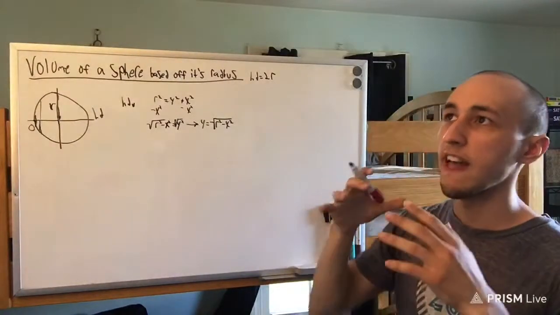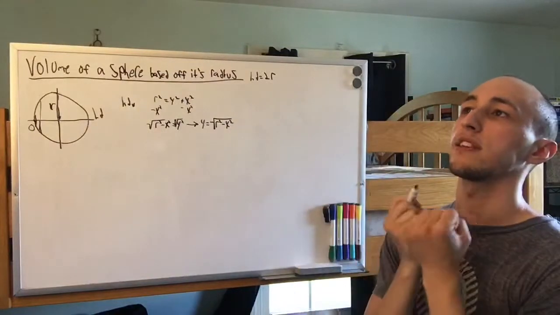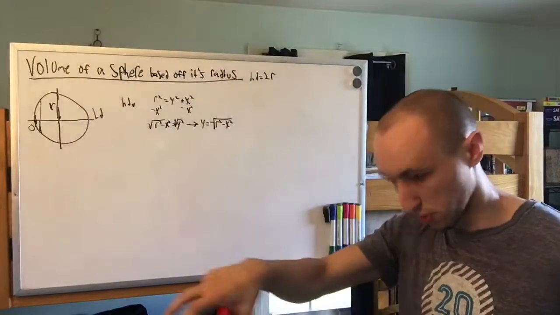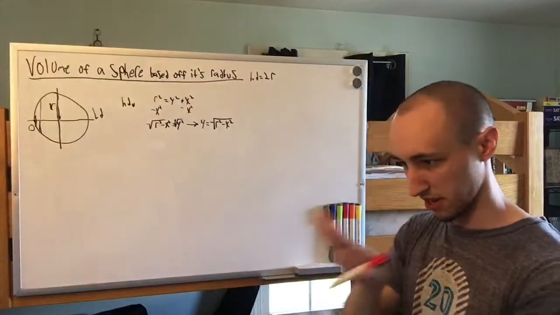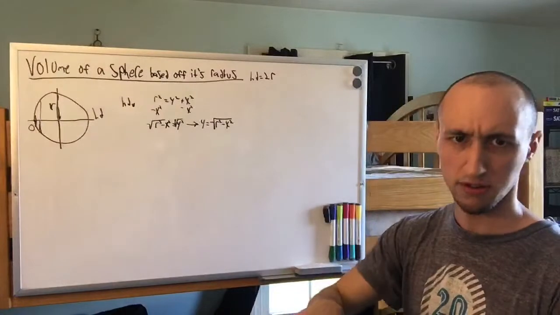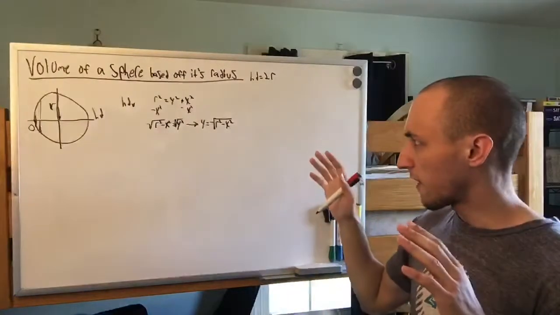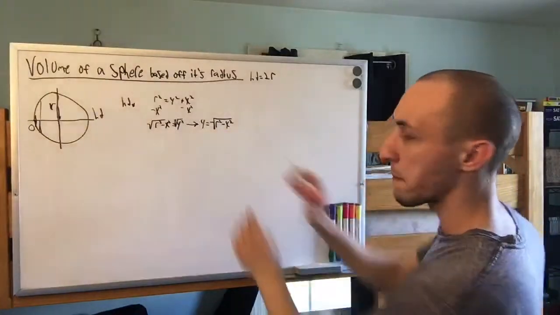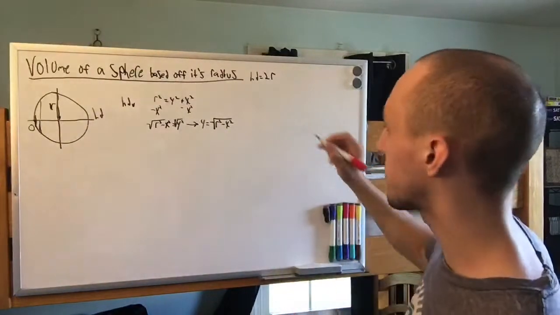So if we want a formula that can calculate the area of the cross-section of the sphere, the circle we get when we cut the sphere at any point along its diameter, then we're going to have to square this value and multiply it times pi. So that is what we're going to do now.